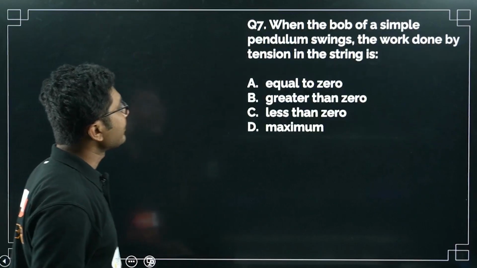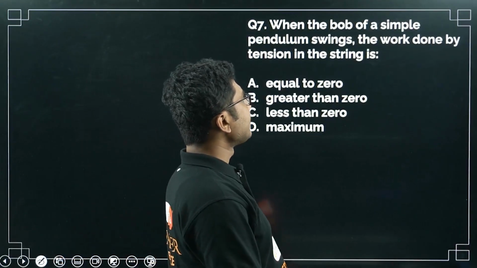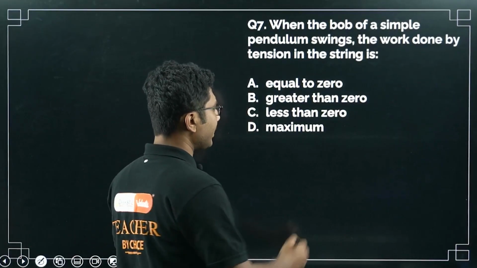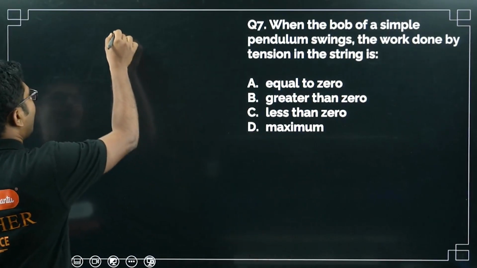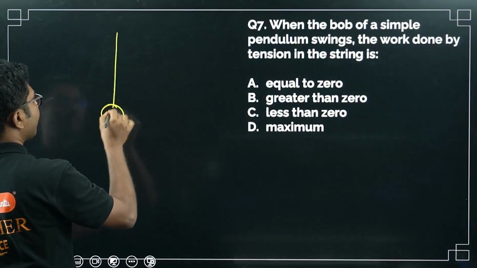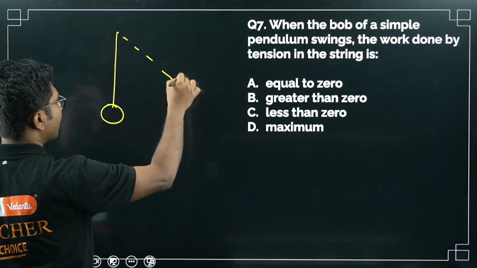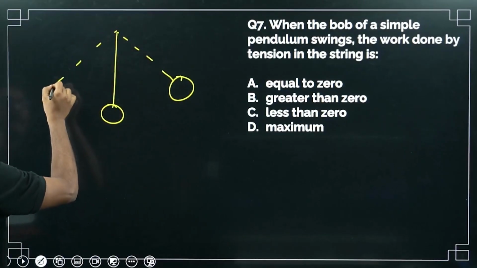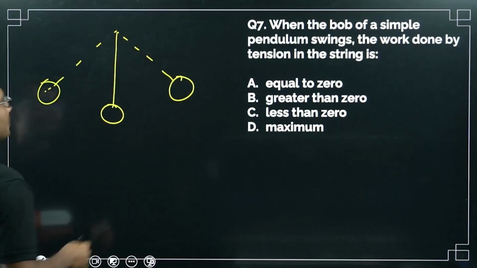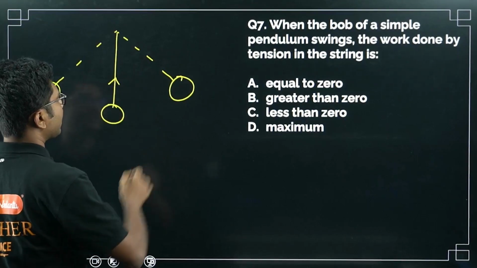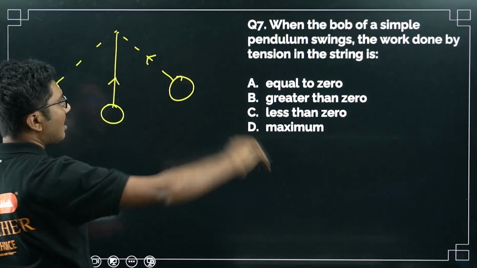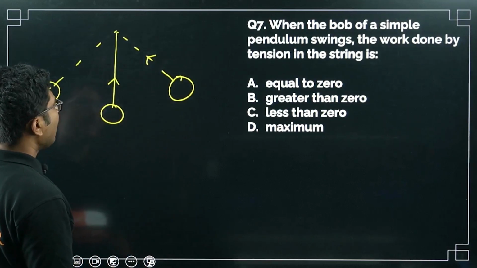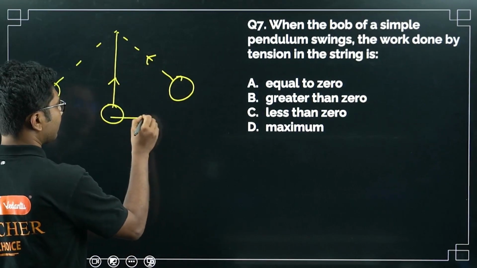Now next question. When a bob of a simple pendulum swings, the work done by the tension of the string. Suppose it came here once, then it again comes here once, right? So there is a tension force in this direction, always along the string, and the object is moving in this direction.